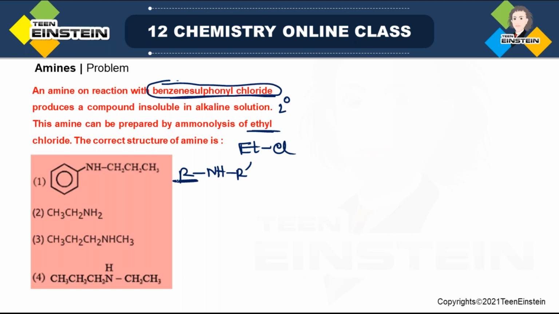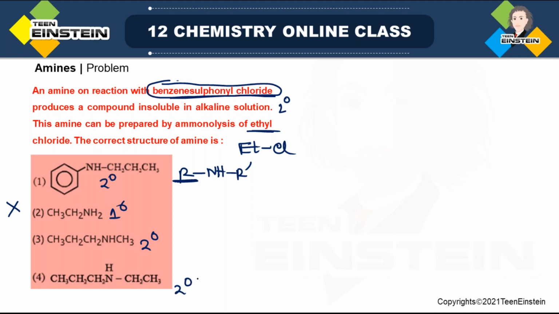So one of the R groups must be Et. Now if it is so, first of all, it must be 2 degree. Second thing, there must be one Et directly attached to N. If you simply consider these 2 logics, this is 2 degree, this is 1 degree, obviously not correct. This is also 2 degree, and this is 2 degree.